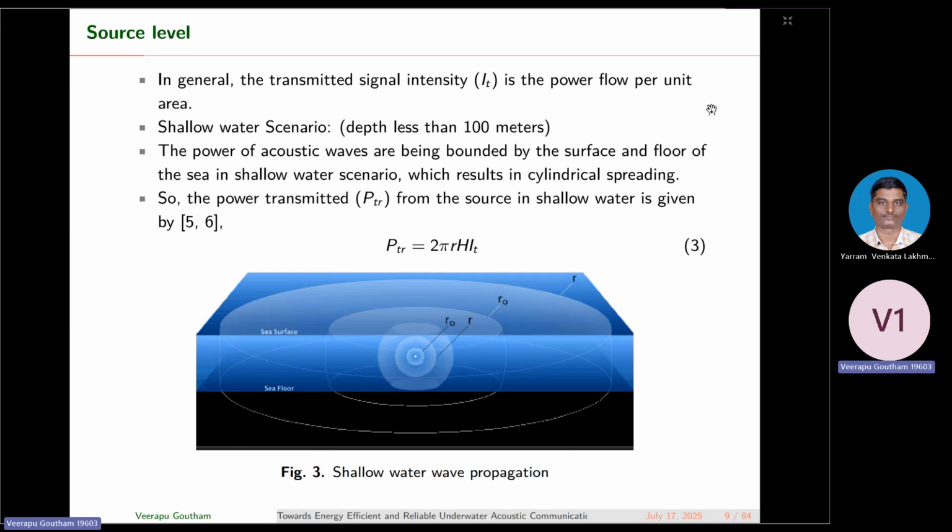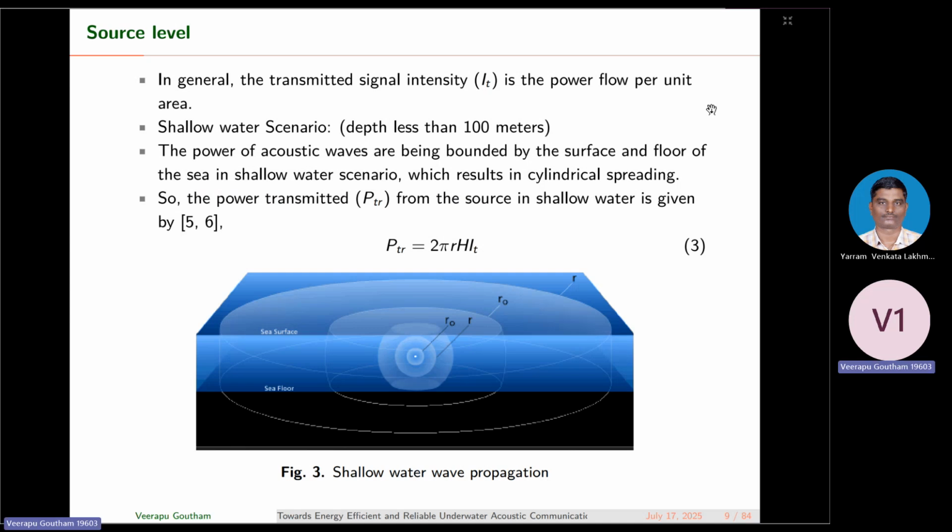In underwater there are two different types of scenarios: one is the shallow water scenario and the other is the deep water scenario. In shallow water, the ocean depth is a few meters, like 10 or 20 meters.